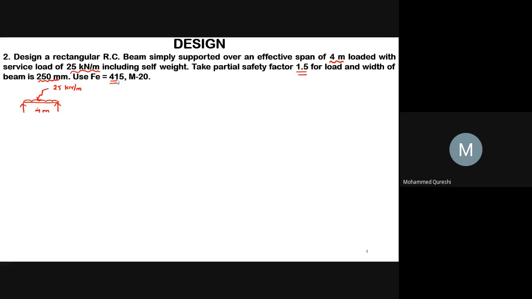Here width of the beam is given, means here B is given as 250 mm, but the depth is not provided. Hence we have to calculate first the depth of the beam. So here firstly we will go for factored load.